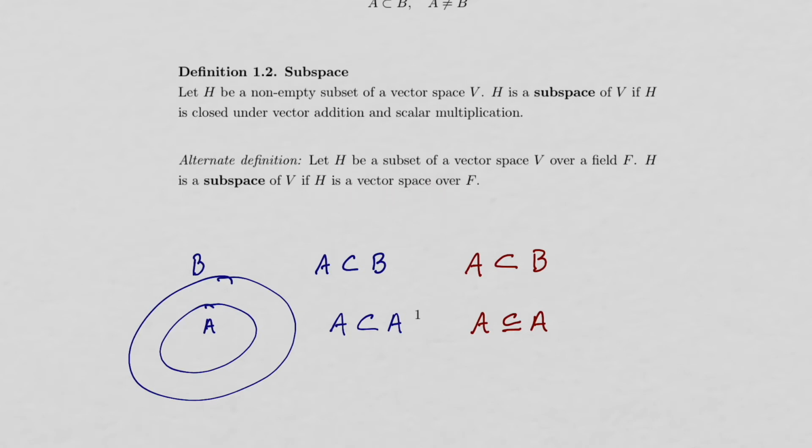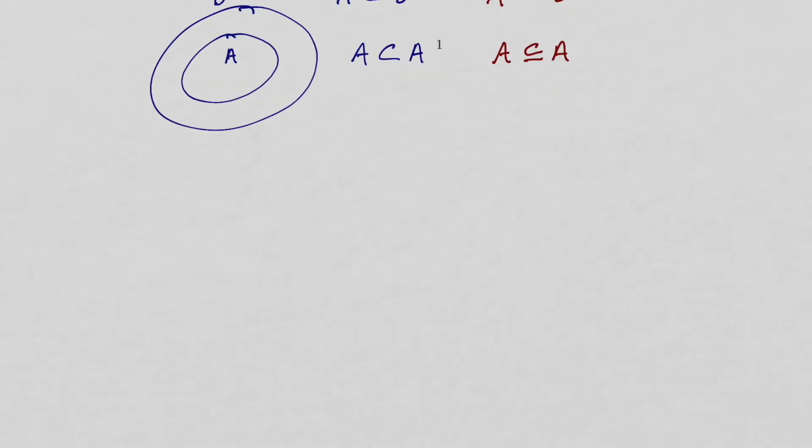We would have to check all 10 vector space axioms to decide if H is a vector space, at least based on what we know already. But it turns out that sometimes this is an easier definition to use. Most of the time we will use the closure definition, and we will focus on closure. So if H is a subset that is closed under addition and multiplication, then it is also a subspace. So we can think of a subspace as a closed subset.